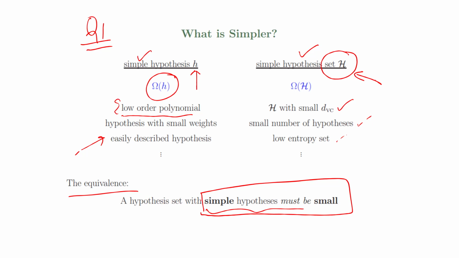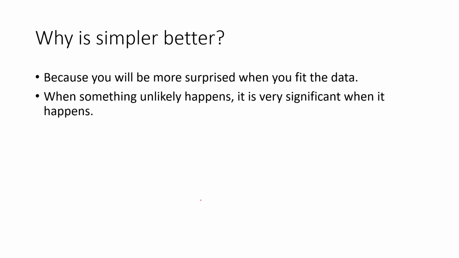So simple means small. Having established that, now we want to see why simpler is better. One intuition is that with a simpler model, when you fit the data and find that it fits well, that is a reason for surprise because you least expected it.